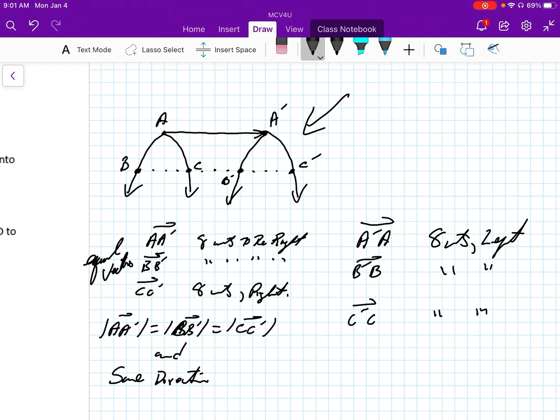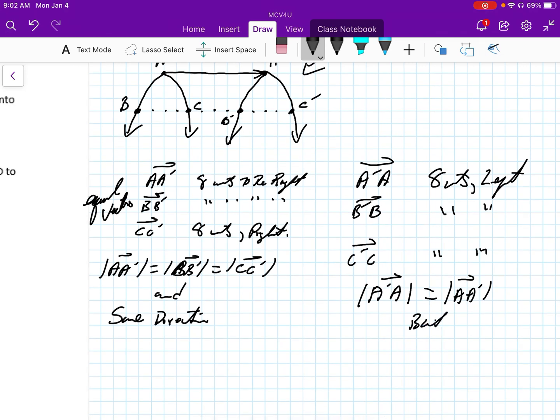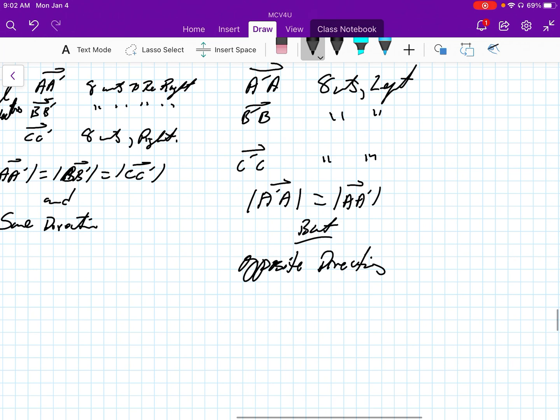So what we have is the magnitudes are the same. So A prime A has the same magnitude as A A prime, but they're in opposite directions. Since they're in opposite directions and they have the same magnitude, we call them opposite vectors.